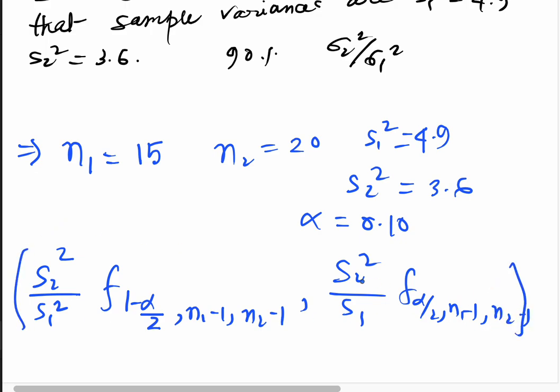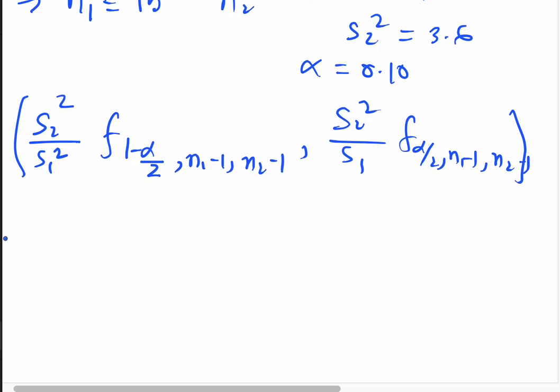So now put all the values. That will come as 0.306 to 1.657. So that's it.